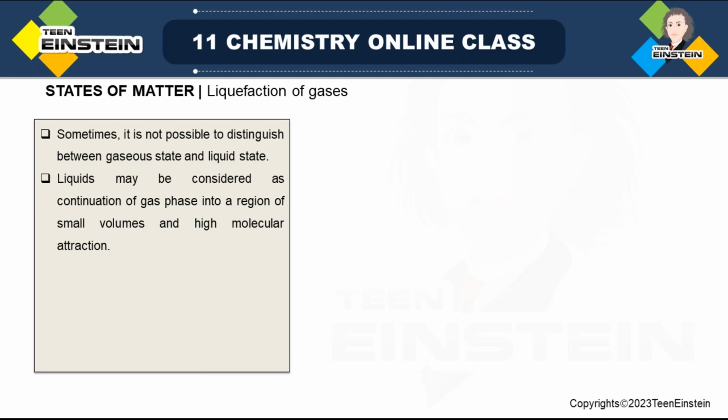So now the next topic we are moving to is liquefaction of gases. Until now in this chapter, we have read all about the gaseous state, different laws, then kinetic theory. The different laws are basically experimental observations, and kinetic theory is theoretical.